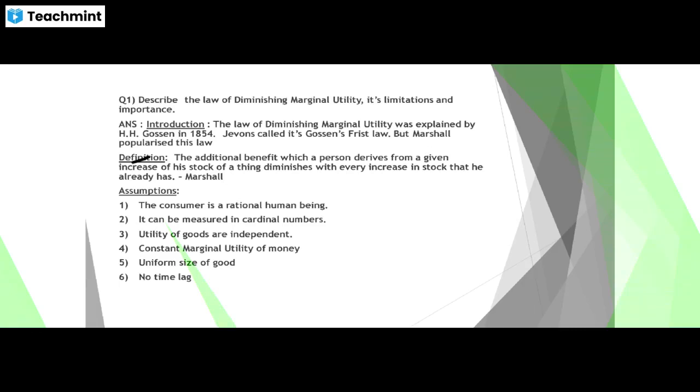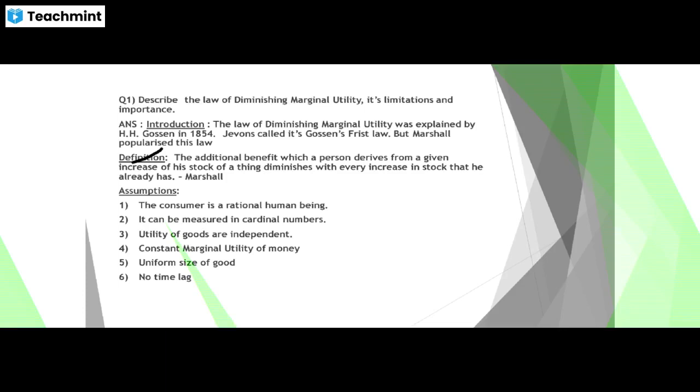Okay. So later, the definition, what the law explains. Here you can see Marshall's definition. The additional benefit which a person derives from a given increase of his stock of a thing diminishes with every increase in the stock that he already has. That means if we use one good continuously, every time the extra good will give less satisfaction than the previous one.